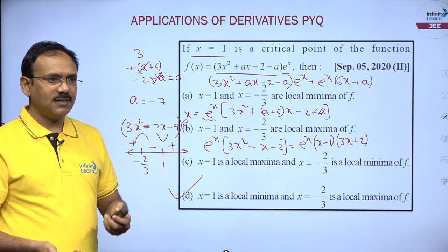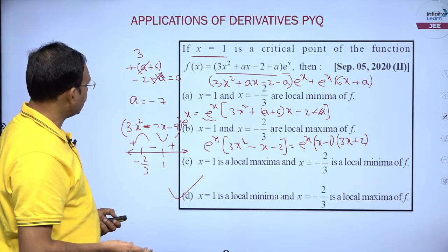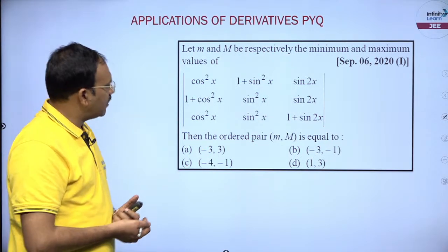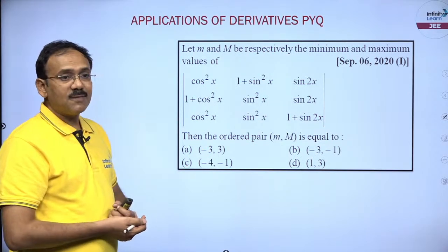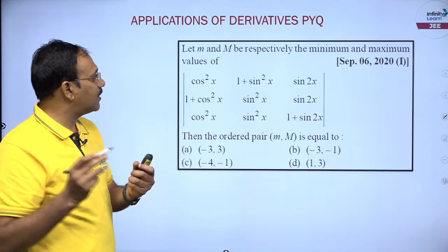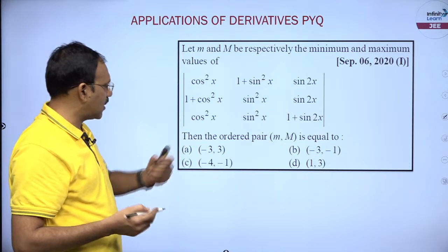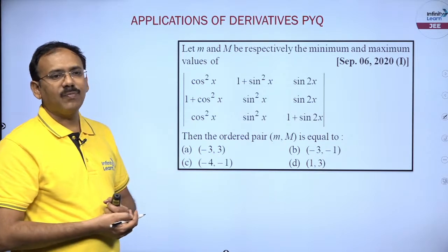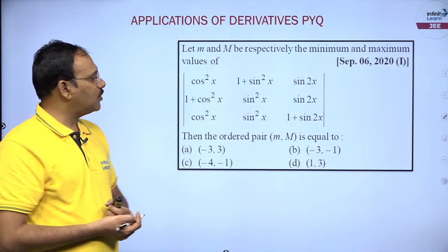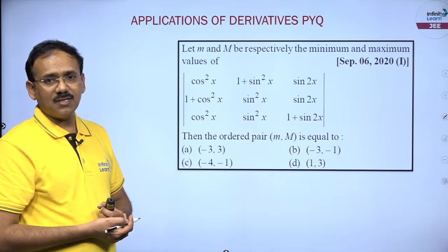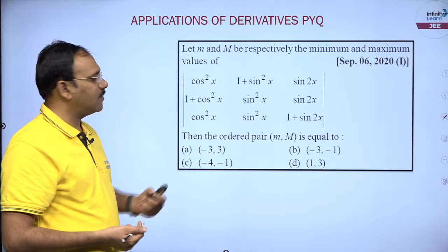Okay, dear students. Next, you see the second question, where a determinant is given. Let small m and capital M be respectively the minimum and maximum values of this determinant. Then find the ordered pair of small m, capital M. What you need to do is apply operations, dear students, and try to simplify this.